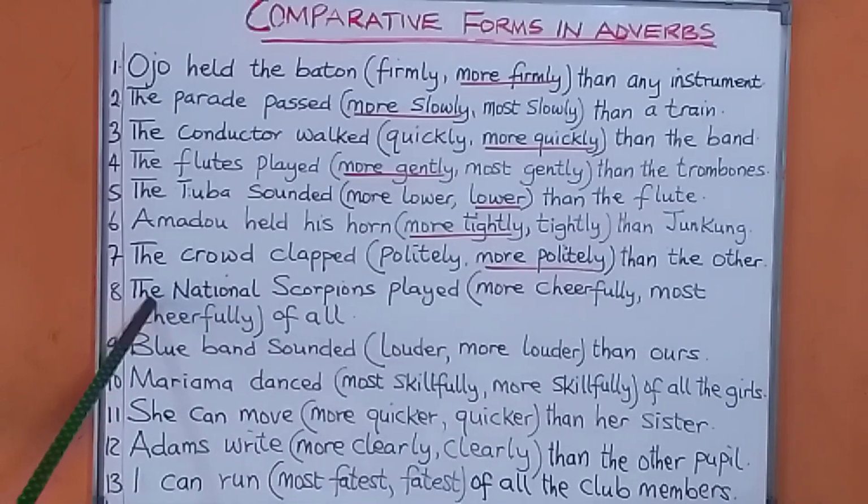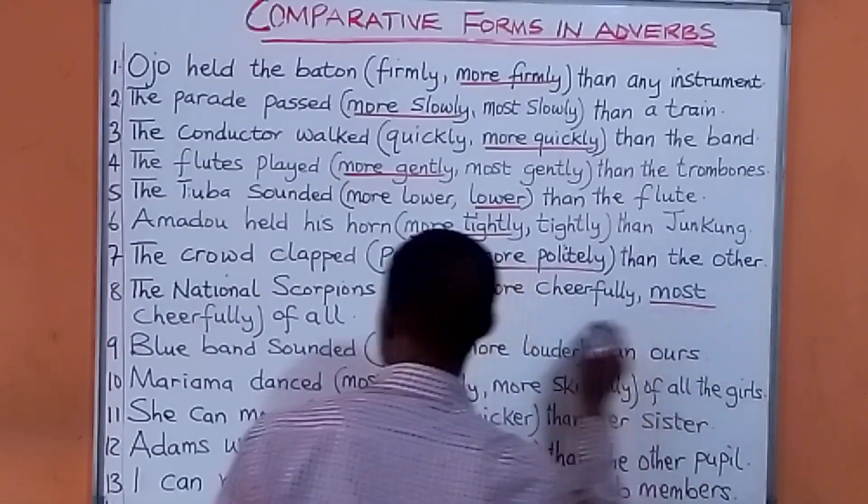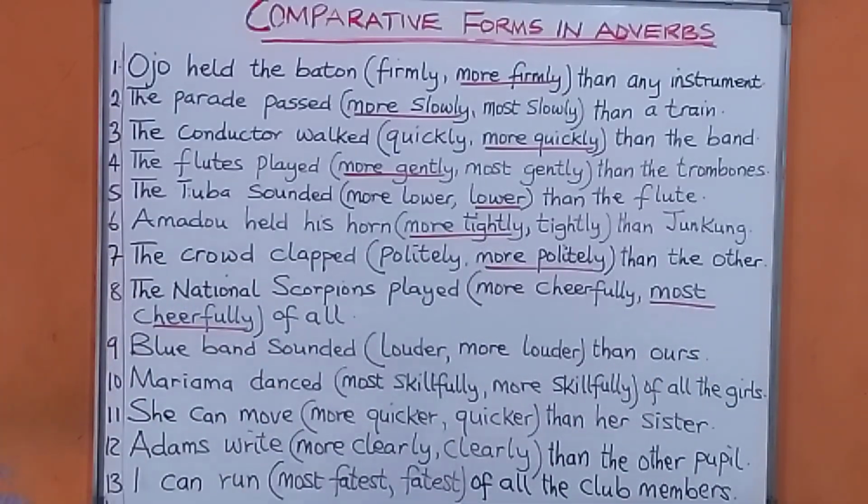Look at number 8. The national scorpion played most cheerfully of all. Here you don't have the word than. So you are comparing national scorpion with the rest. So you are going to have most cheerfully of all.